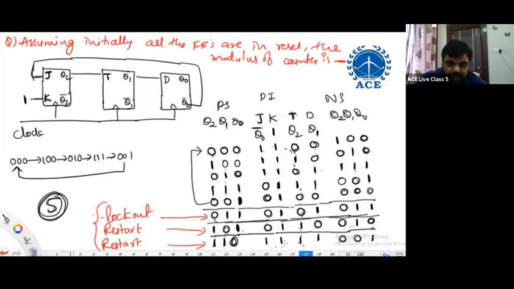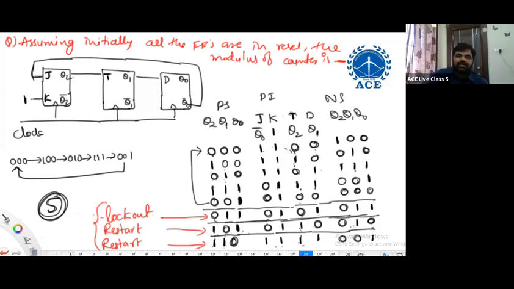It can come back to the used state on its own if you specify which used state must be the next state for each and every unused state.